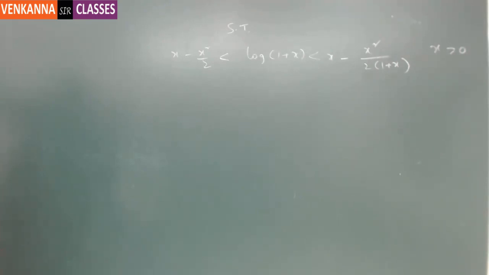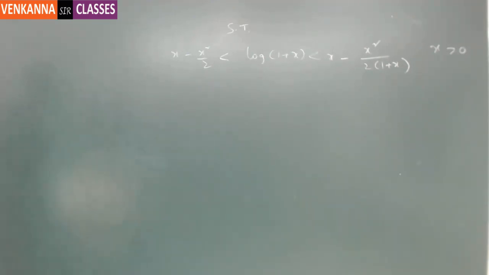Since it is in the form of an inequality, you can think about Lagrange's mean value theorem. Sometimes for this kind of inequality, Lagrange's theorem holds good. Otherwise, we use the concept of increasing and decreasing functions in establishing the inequalities.